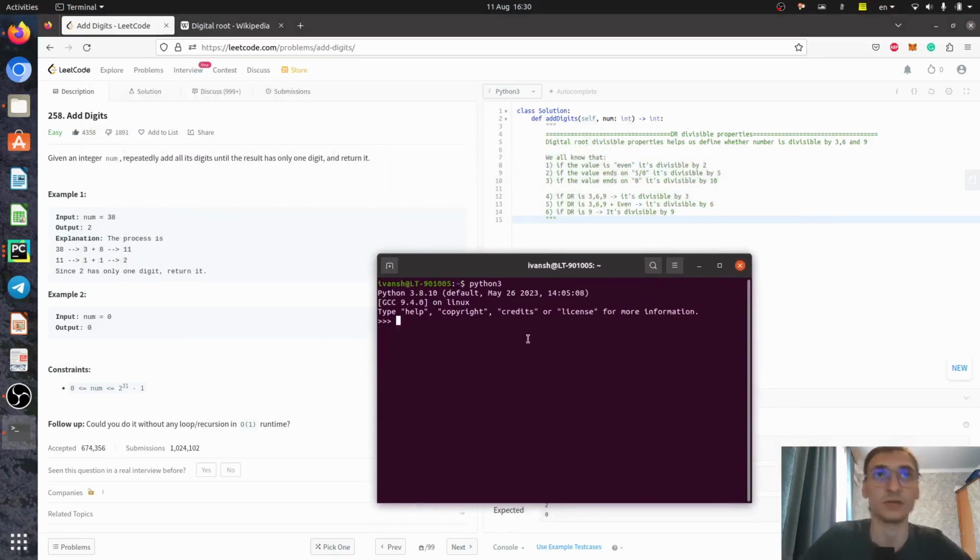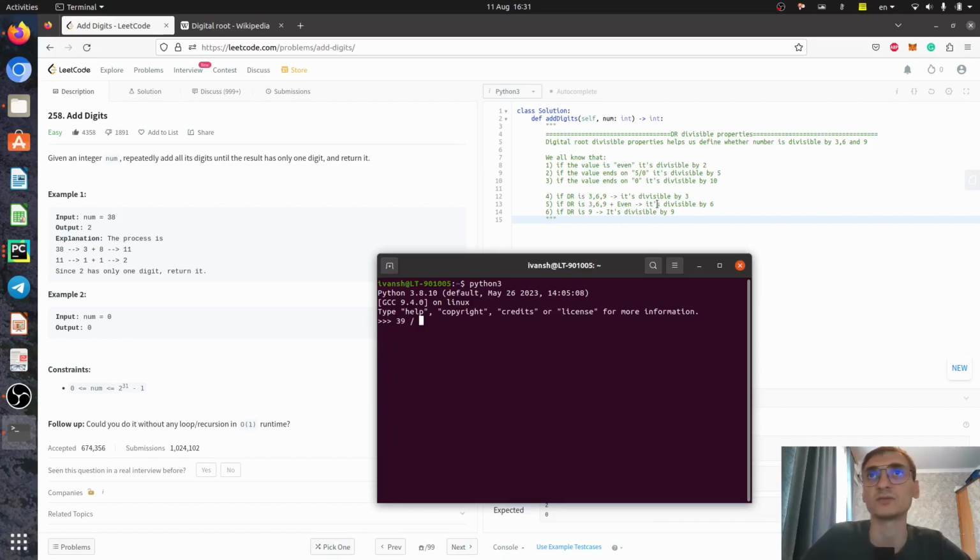For example, if we take 39, because 38 provides us 2 as a digital root, we need 39 to have 3. We understand that 39 provides us 3 in digital root.